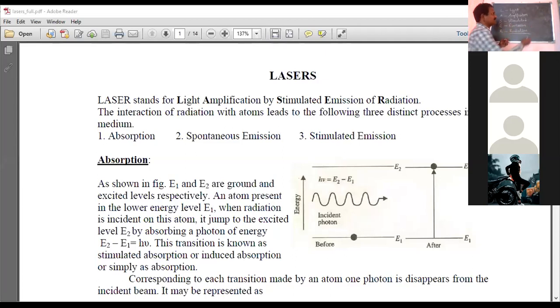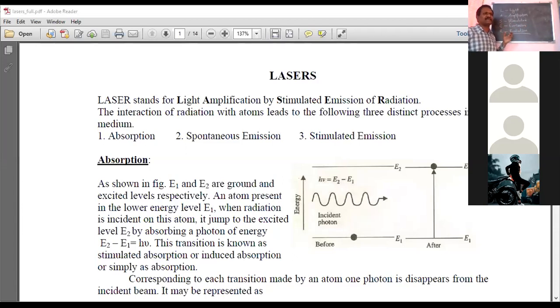In MASER, the M stands for microwave amplification by means of stimulated emission. Here we are talking about optical, in the sense light is being used, whereas in the case of MASER, microwaves are used. So laser is an extension of MASER.